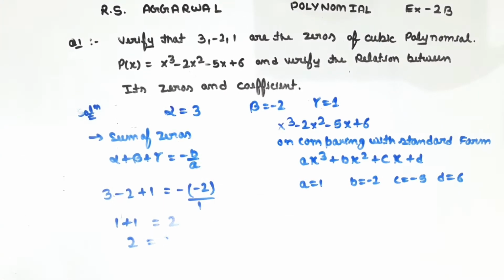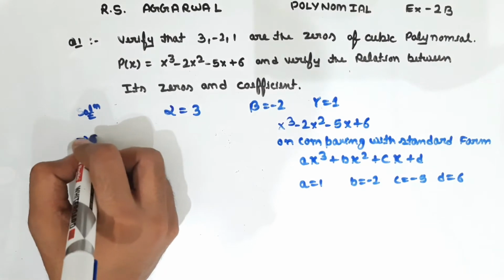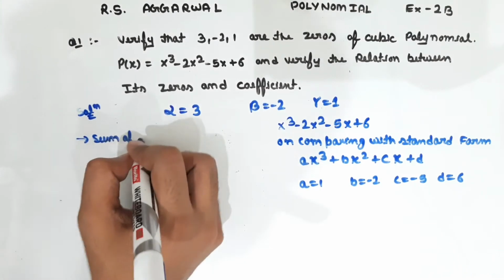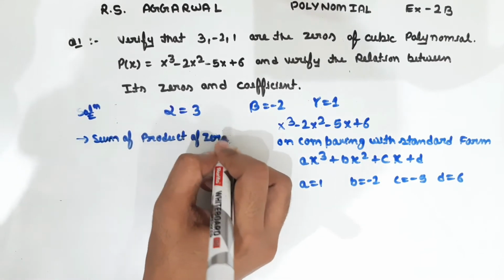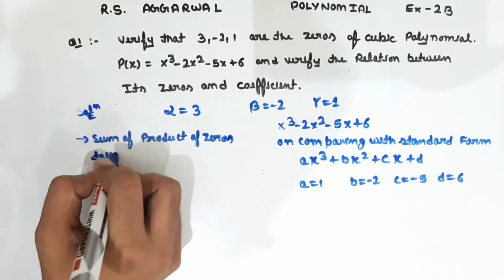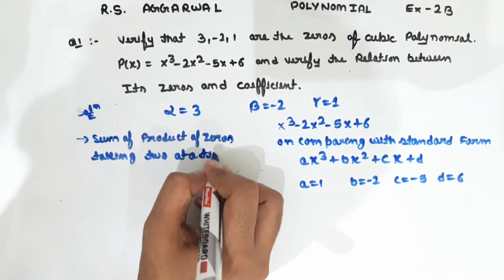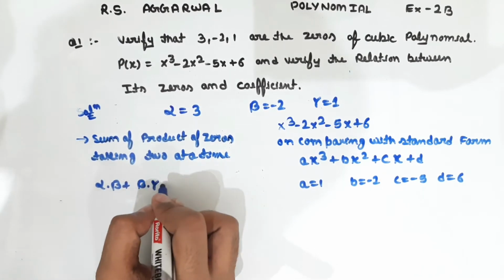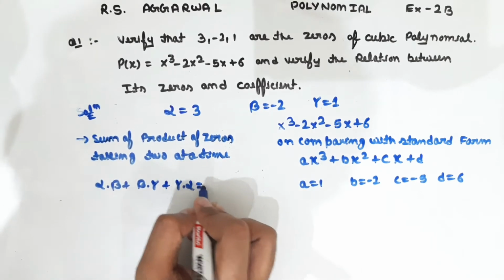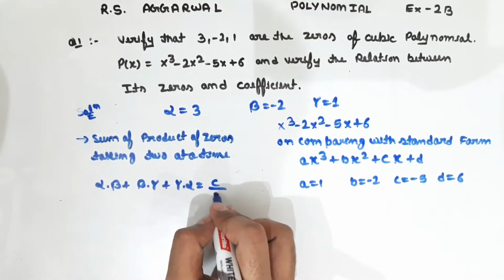Now, sum of product of zeros taking 2 at a time will be equal to alpha into beta plus beta into gamma plus gamma into alpha, that is equal to c upon a.